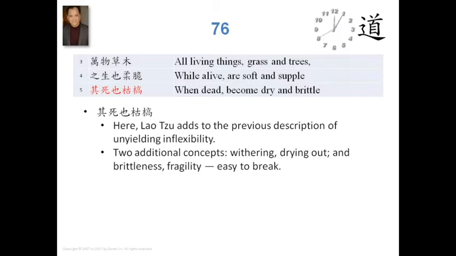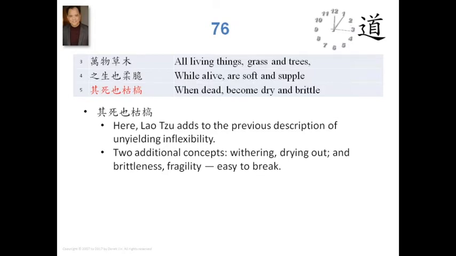But the idea is that when you are aligned with death, it's not just the lack of flexibility. There's more. Just like we have talked about how when you are aligned with life, it's not just being soft. You also have the dynamism of movement, of choices, of being able to go different places. Here it's the same. This is the flip side of it. When you are dead, when you are no longer among the living, then it's not just you being inflexible, cutting off all possibilities. It's also aligned with being very fragile, being withered.